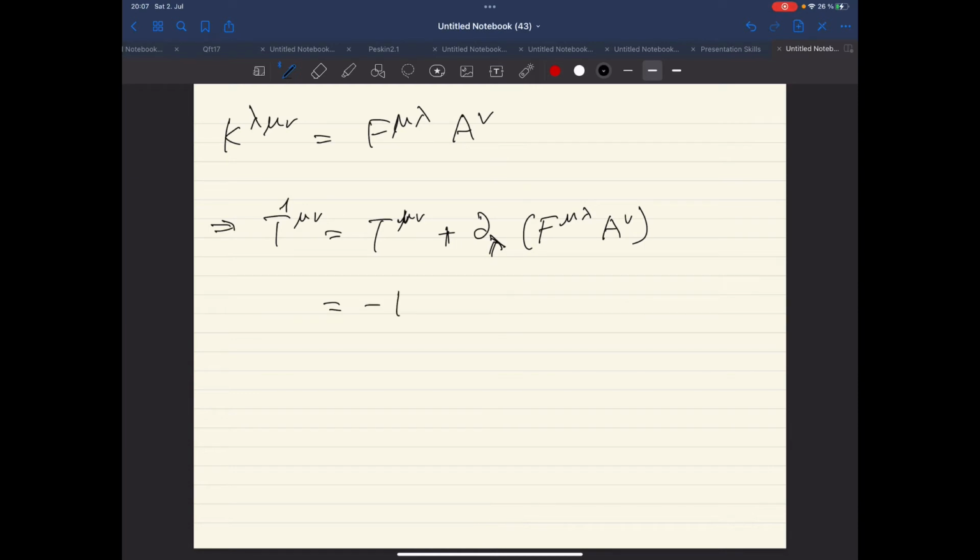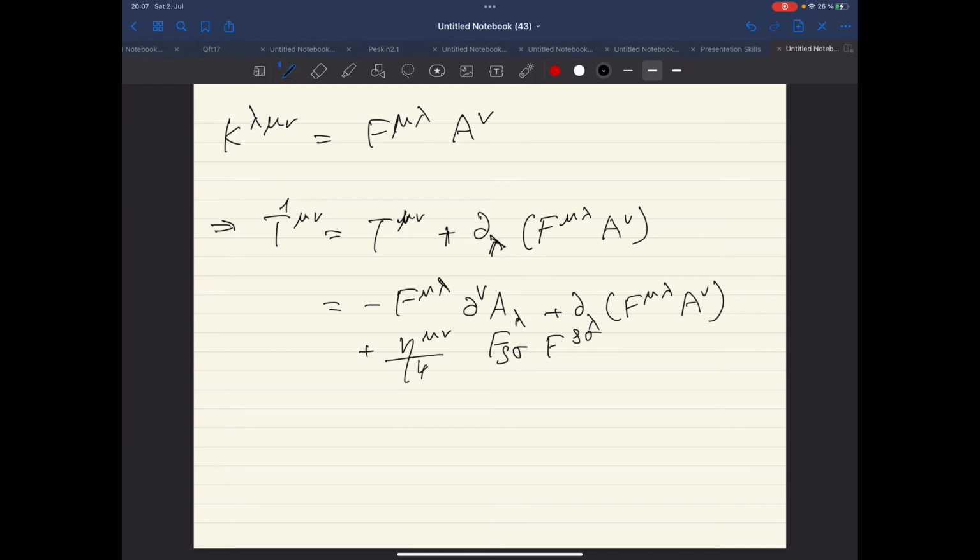It's minus F mu lambda d nu A lambda plus d lambda F mu lambda A nu, and then the nice term eta mu nu over 4 F rho sigma F rho sigma. Good.